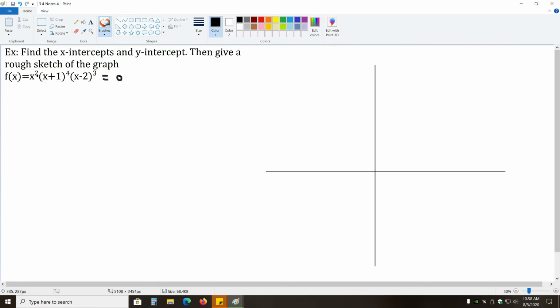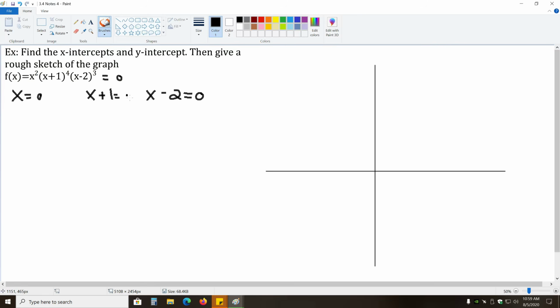So you can ignore these exponents when you set the function equal to 0, meaning just solve x equals 0, x plus 1 equals 0, and x minus 2 equals 0. When you square root each side, take the fourth root of each side, or the cube root of each side, you will still end up getting 0, because the square root, fourth root, and cube root of 0 are all going to be 0.